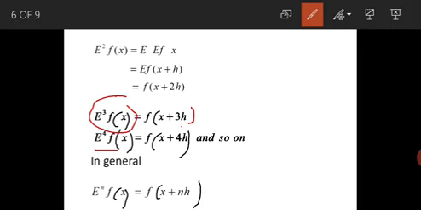Similarly, E to the power of 4 of f of x can be written as f of x plus 4h, and so on. In general, E power n of f of x can be written as f of x plus nh. So this is how we can write the nth power of E.